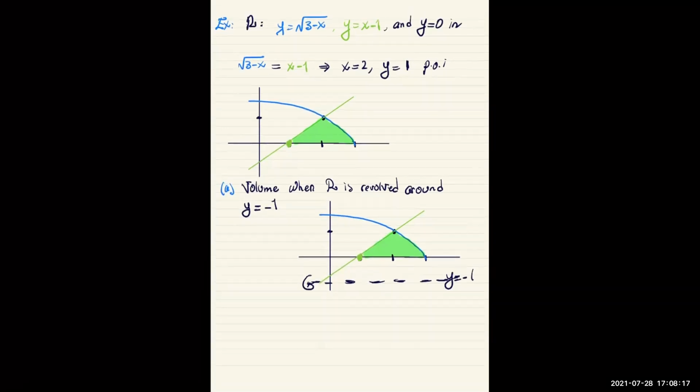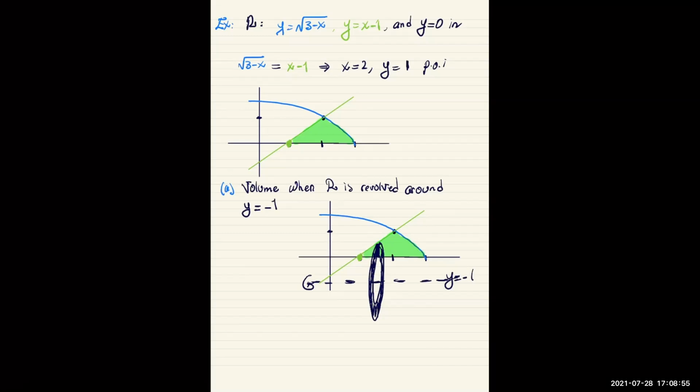So let's just do it. Here we go. There is the strip. It goes around and it creates our washer. You could draw a half washer or the full washer. It doesn't really matter, but here is the full washer. The dimensions of this washer are not consistent throughout the region.